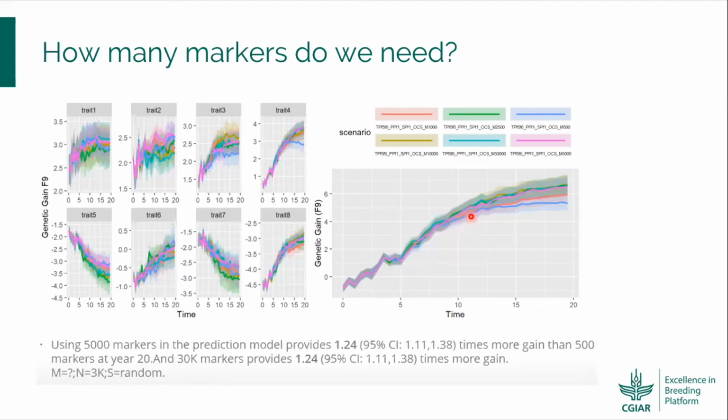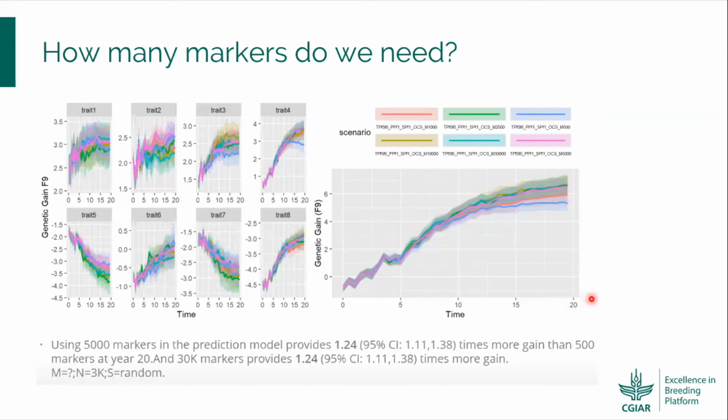It's really only at that point that you can start to see differences between lower and higher densities in the genomic prediction approach. For example, when we were using 500 markers, you started to notice that genetic gains were reaching a plateau. Then with 1,000, it was reaching a plateau after this number of years. But having many more markers, at least for this time period, was not making a difference.